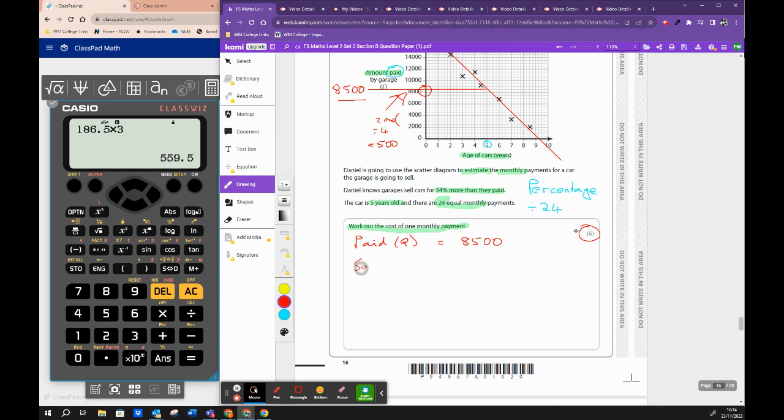So what does the garage sell it for? It's going to be this plus 34%. Okay, so this is 8,500 plus 34% of 8,500. Okay, so let's do that on our calculator.